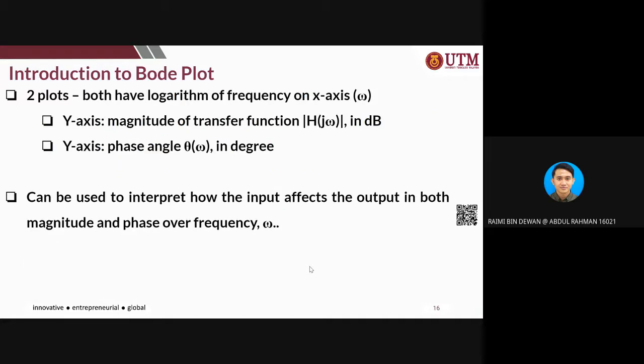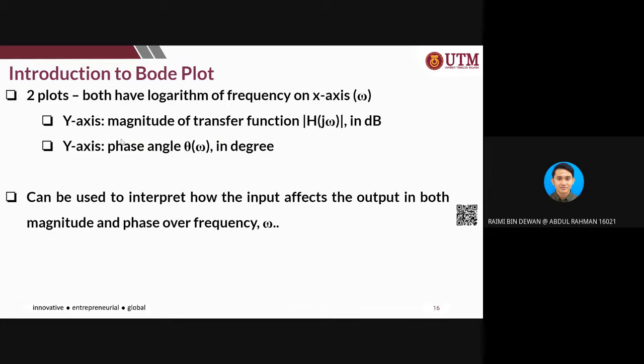Now we go to the introduction of Bode plots. In Bode plots, we have two plots, both of which actually have logarithm. Logarithm means you're going to use log, 20 log. Both have logarithm of frequency on the x-axis.